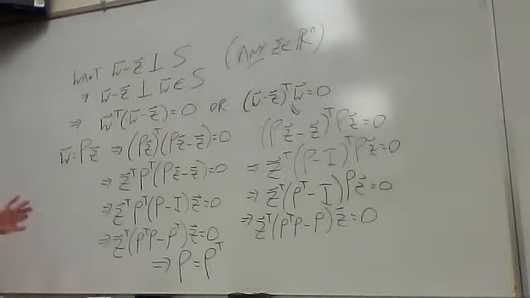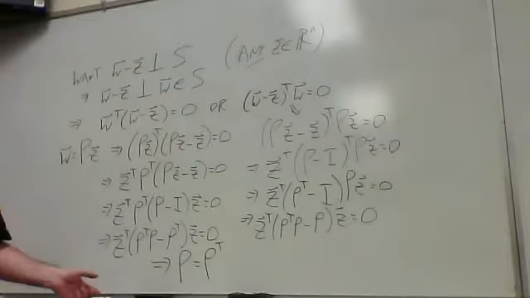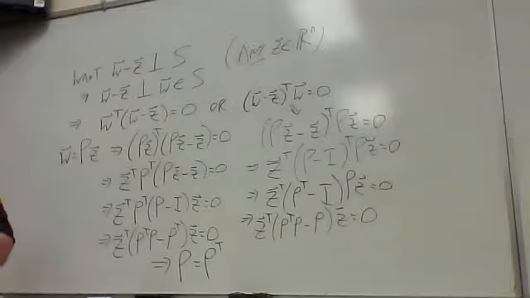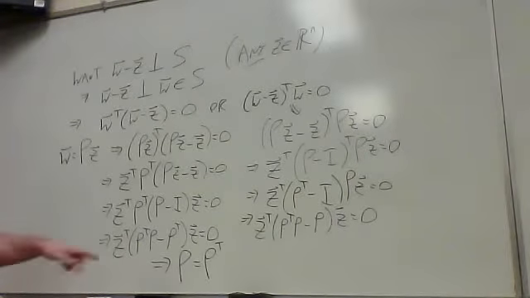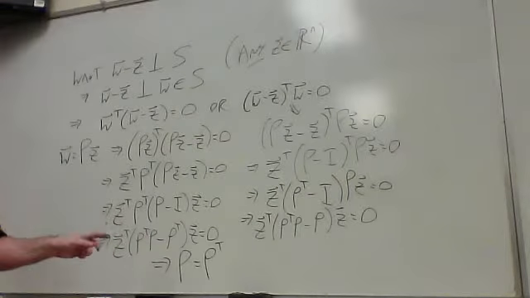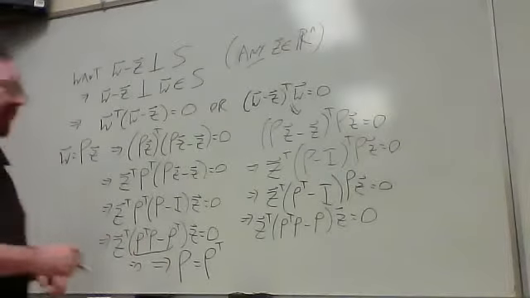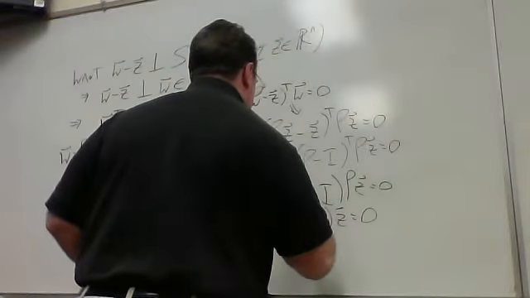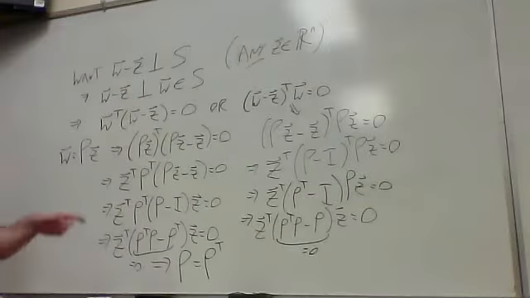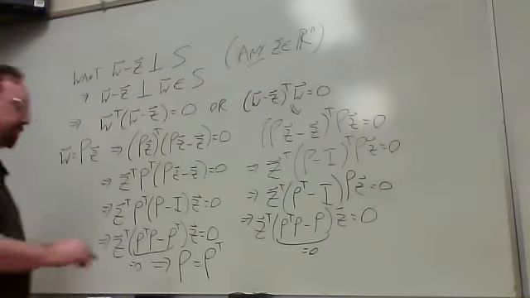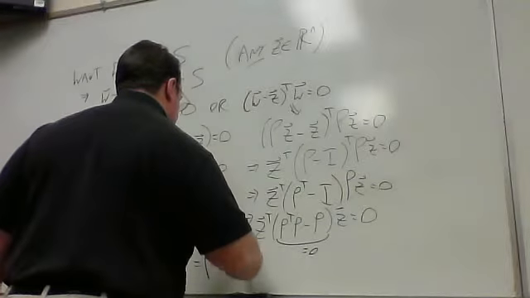Well, Z is any vector whatsoever. So if this thing is 0 for all Z, what does that say about the matrix inside? Yes. Because it's true for all Z in Rn, this whole matrix is 0. And therefore, this matrix too is 0. So P is equal to P transpose, and both of them are equal to P transpose P.